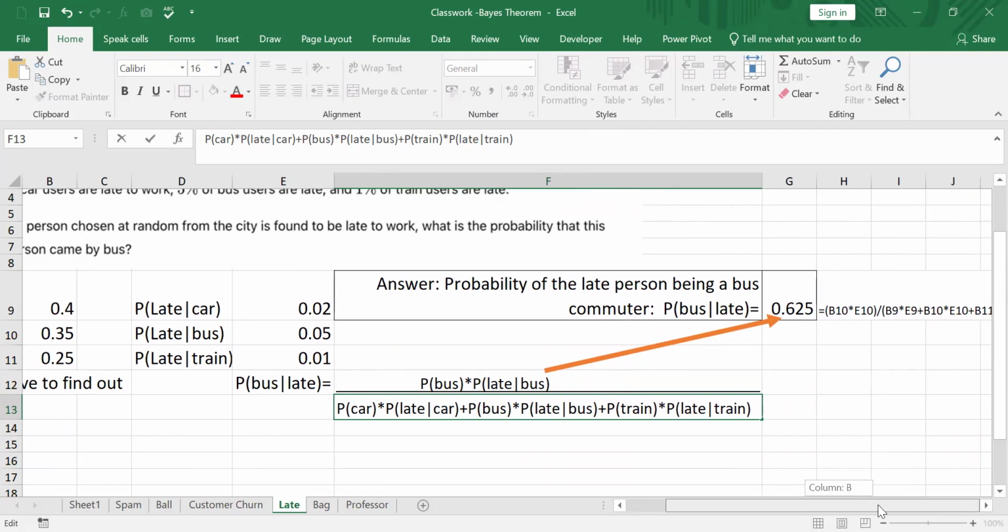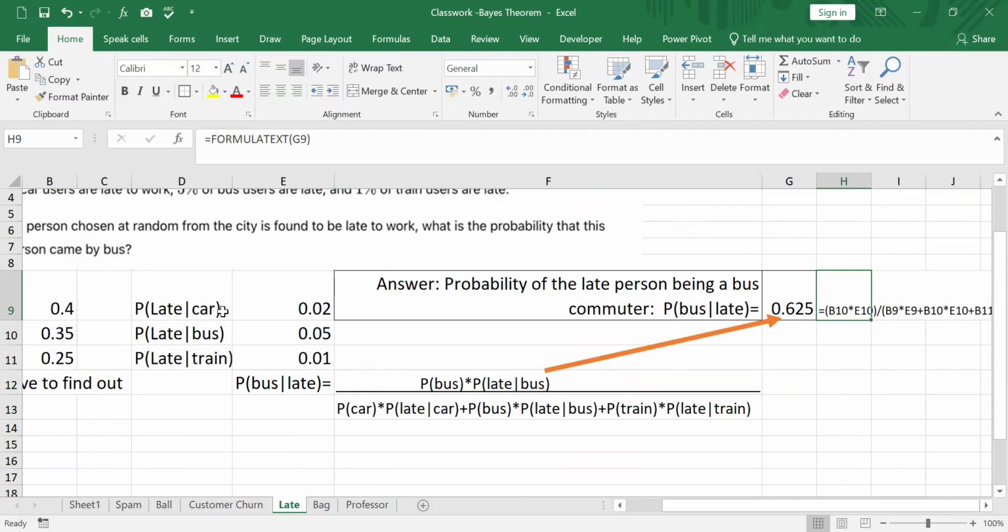It is already calculated. B10 into E10, B10 is here, E10 is here, divided by B9 into E9, B10 into E10, B11 into E11.